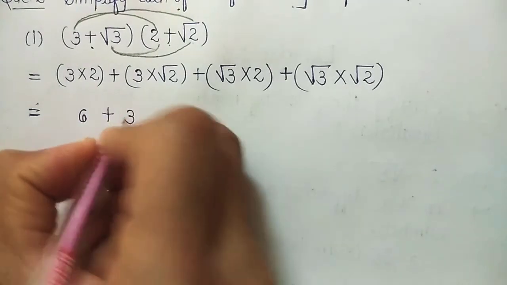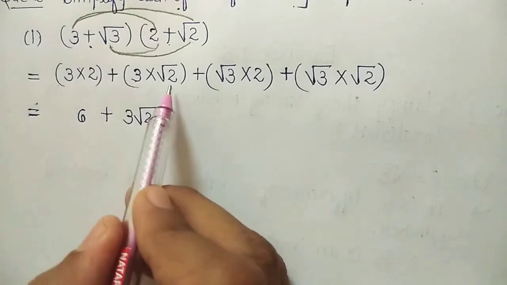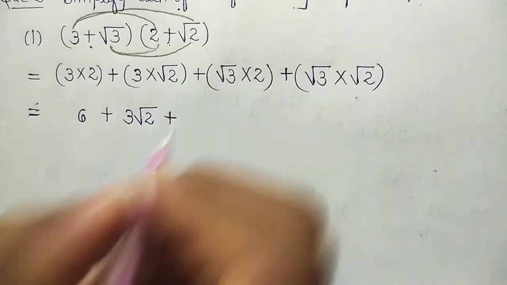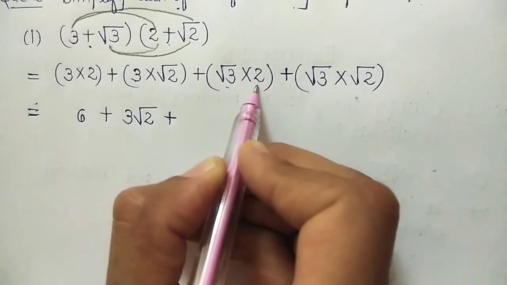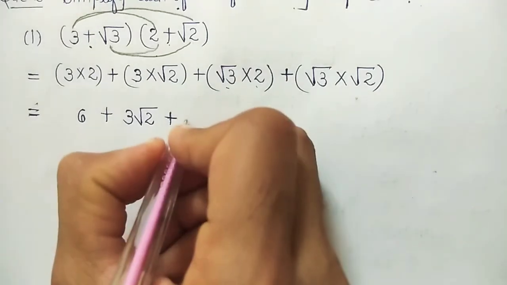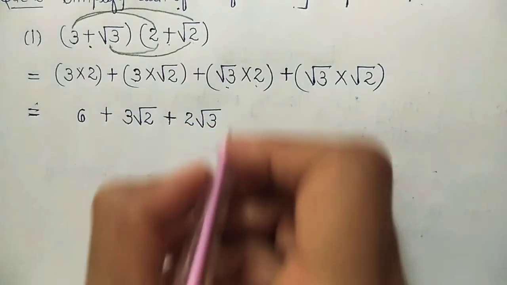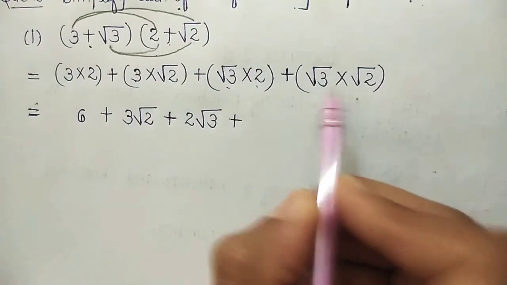So it will be written as 3 square root 2, because it is the product of a rational and an irrational number, right? Now next, plus square root 3, an irrational number, times 2, a rational number. So it will be 2 square root 3, plus the product of two irrational numbers.